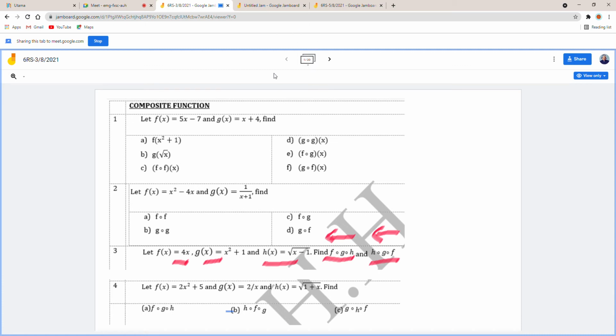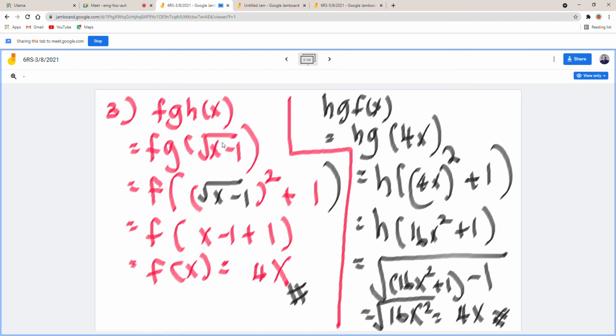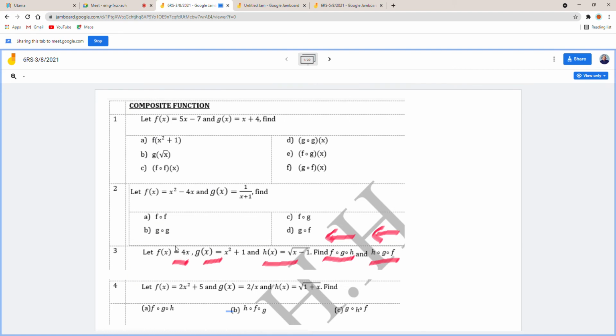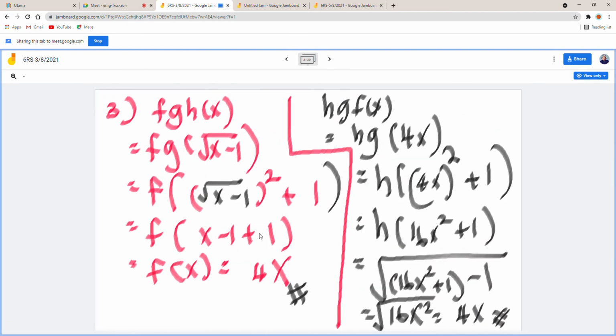Okay, when you substitute inside, I'll show you. Here x is square root x minus 1, and then after that you substitute inside until here. You understand, right, Dashika? Yeah. After that you bring the square inside, it becomes x minus 1, and bring the plus 1 over here, so it becomes just x, and then here the fx they mention is for x. After minus 1 plus 1, what do you get? 0.